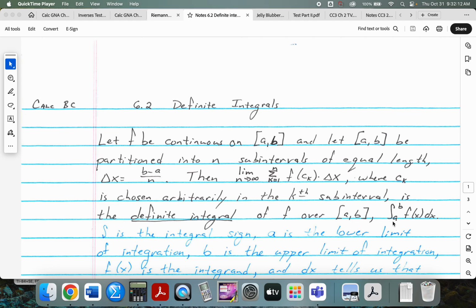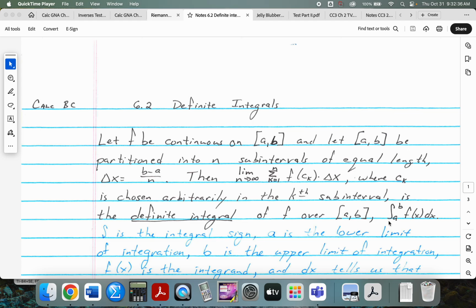You've seen this symbol yesterday, if never before, when one of the problems we were looking at. That is the integral sign. You'll see it in your book, it kind of looks like a stylized, very tall, very skinny S. That's to remind you that it is a Riemann sum.